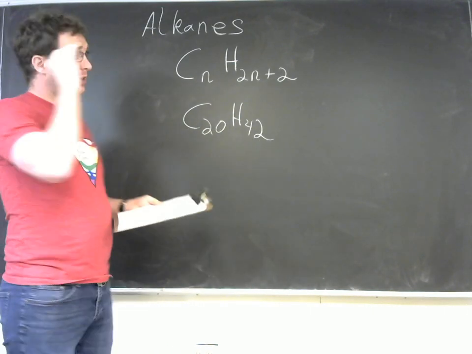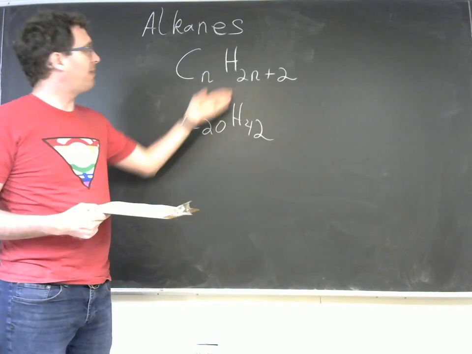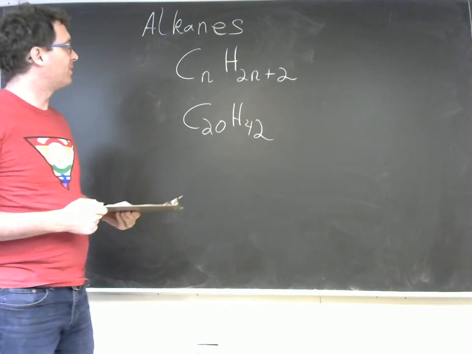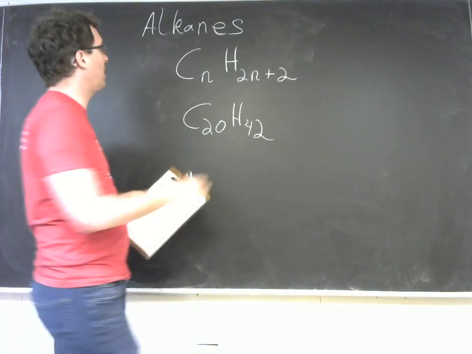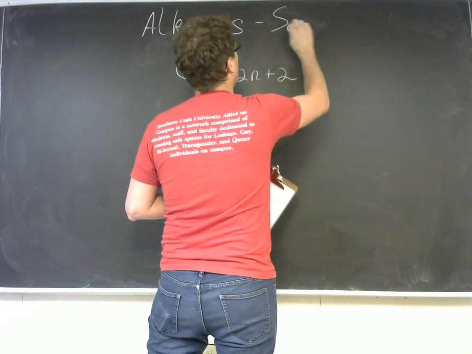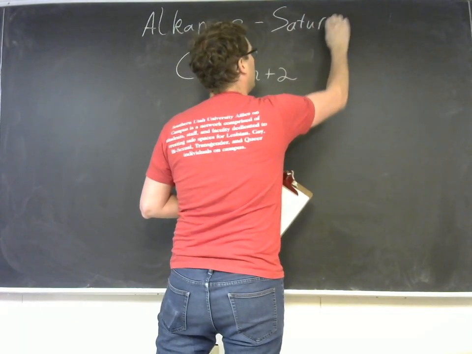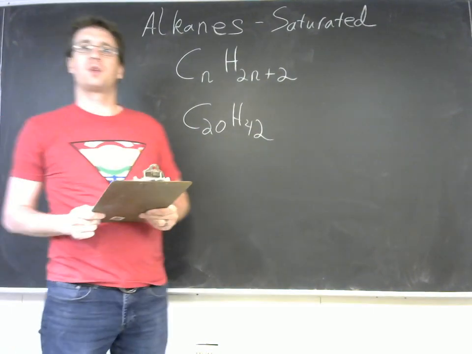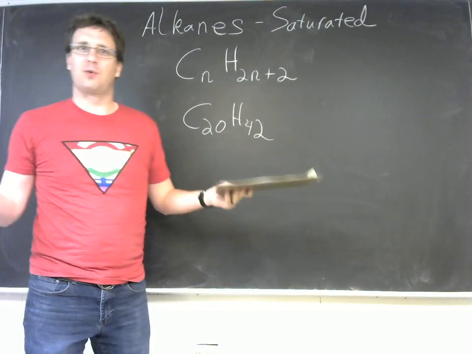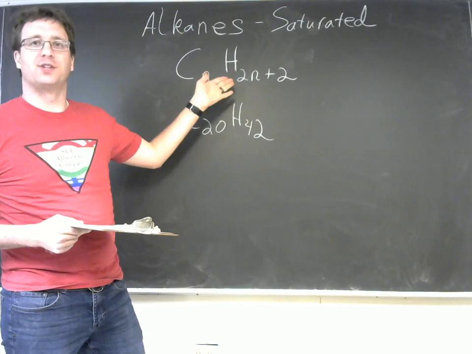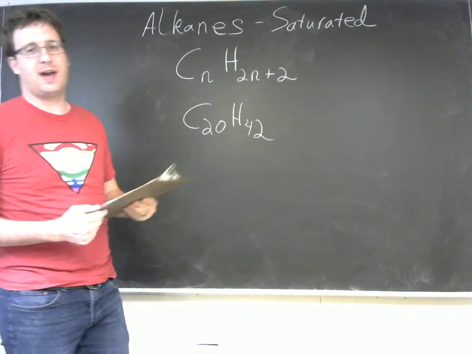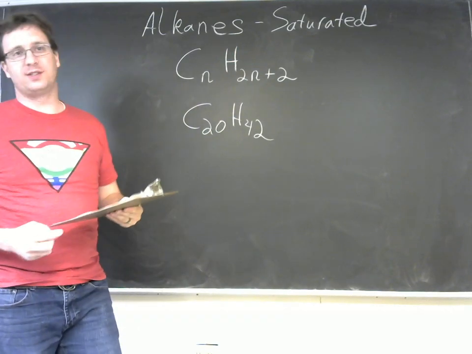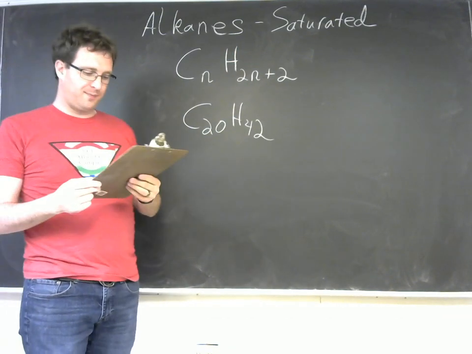And in an alkane with all single bonds, you have as many hydrogens as you can possibly put in that compound. And so sometimes these are called saturated compounds. They're not saturated with water, they're saturated with hydrogens. You can't have any more hydrogens than that. And we'll contrast saturated compounds with unsaturated compounds in a few minutes here.